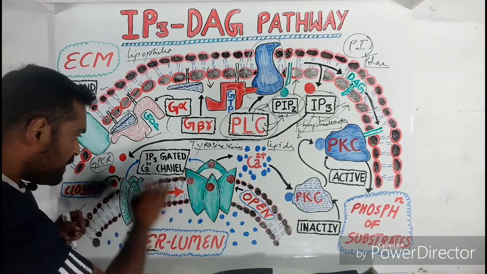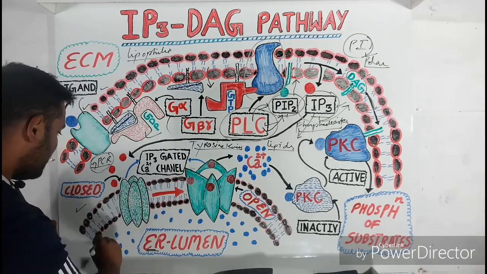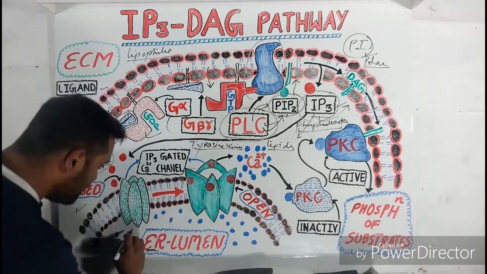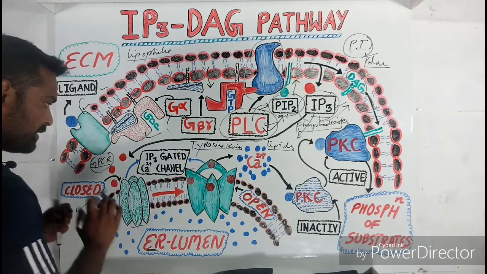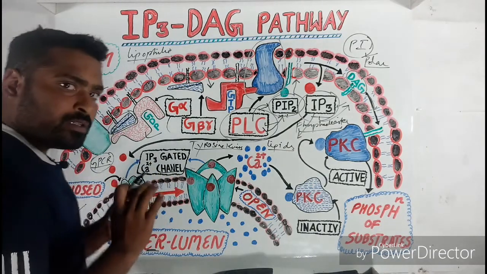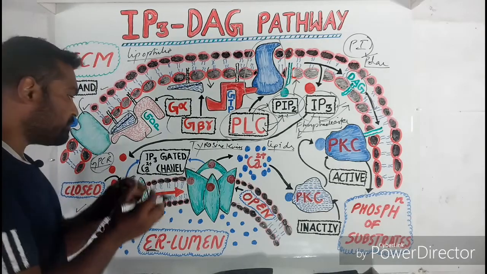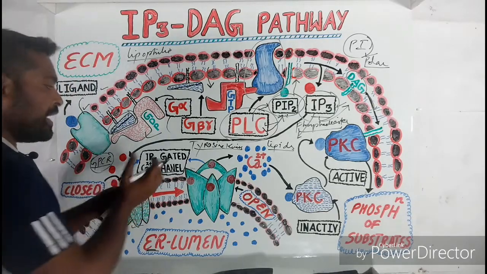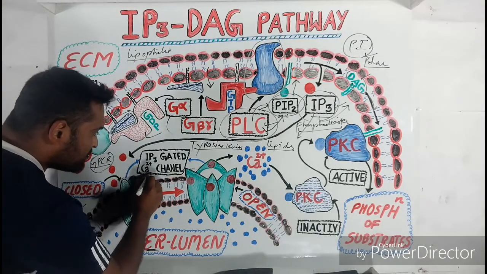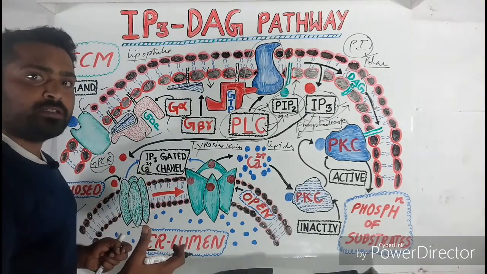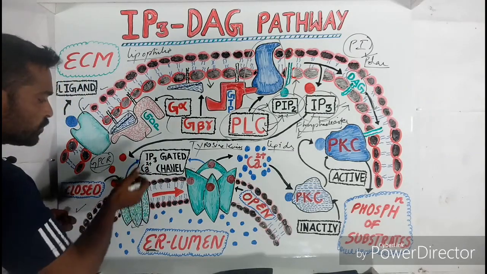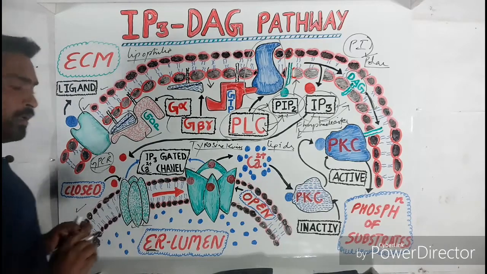On this figure, this is the membrane of the ER, and on this membrane we have a green structure here. What is this? This is a channel. Channel means a protein which allows the transport of some minerals or ions through it. Specifically, this is a calcium ion channel, so it allows the entry or the exit of calcium ions through this channel.